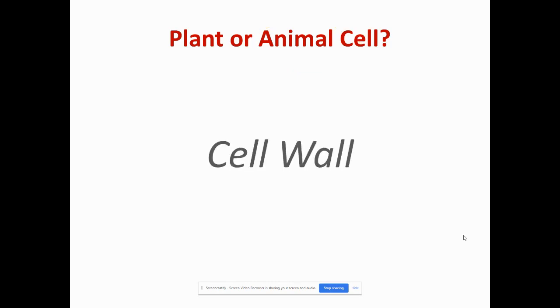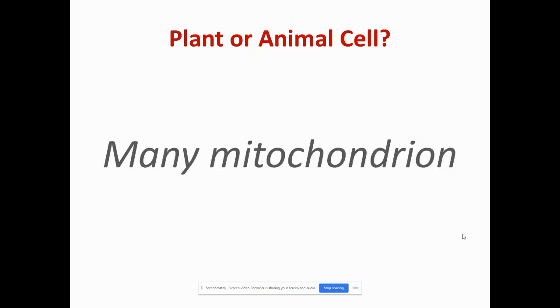Cell wall. Plants. Plant cells need protection. Plants can't get out of the way if something were to squish it, so it has to stay in place and be protected. Many mitochondria. Mitochondria releases energy.